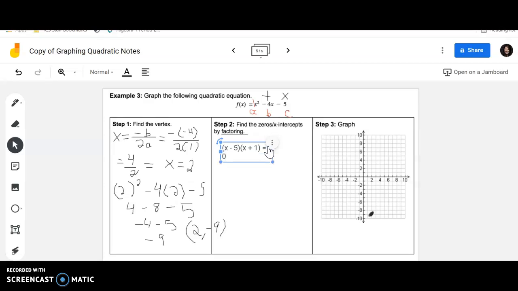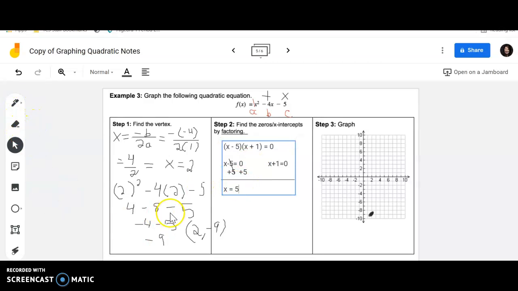So if we set those equal to 0, what we're going to have here is x minus 5 equals 0, and we're also going to have x plus 1 equals 0. So we can add the 5 to both sides. And if we do that, the 5s would cross out, and we'd be left with x equals positive 5.